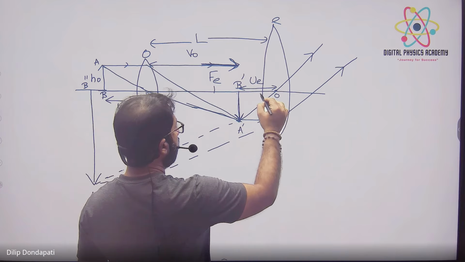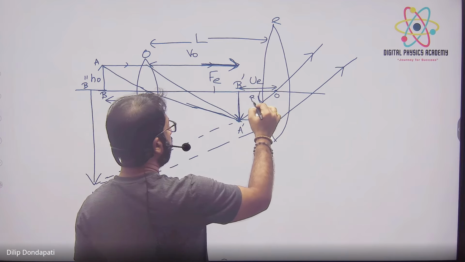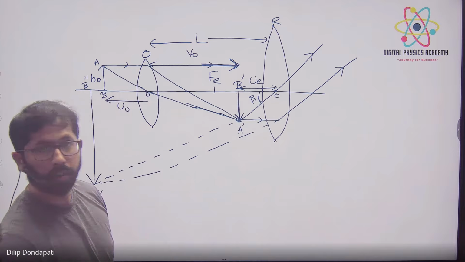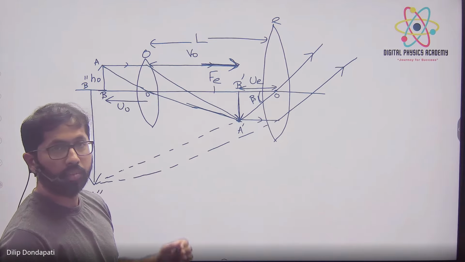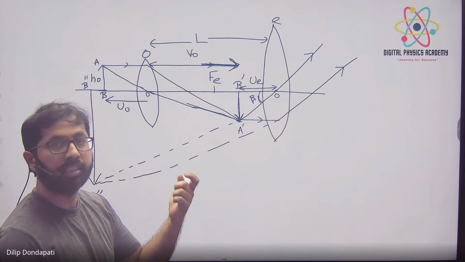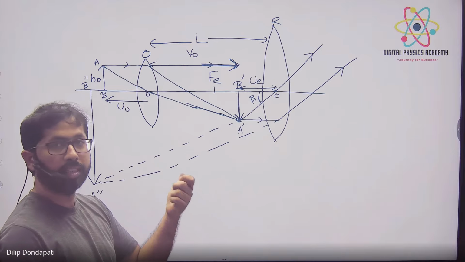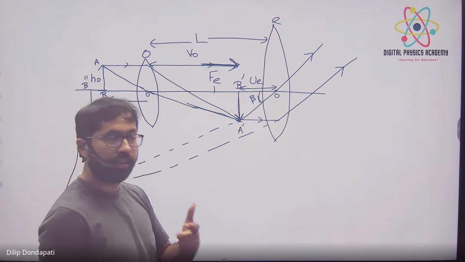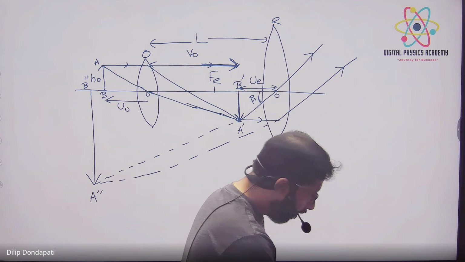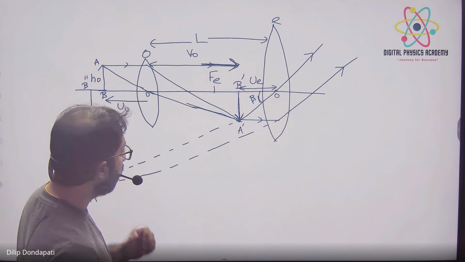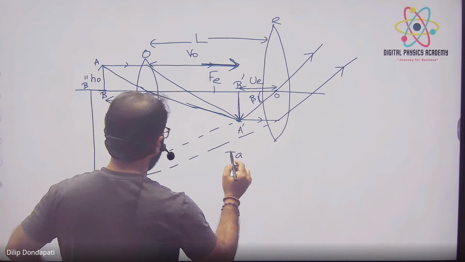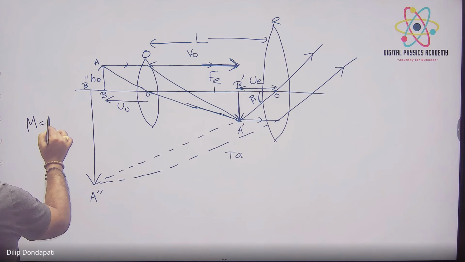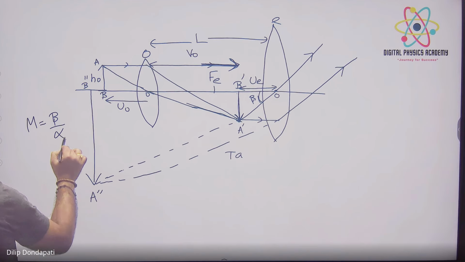And alpha, you know, is HO by D. So magnification is beta by alpha. Visual angle subtended by the final image by visual angle subtended by the object kept at capital D. Right? Now find it. How will beta come? Tan beta, in terms of this one, tell me. Tan beta. So our intention is to find magnification, which is beta by alpha.